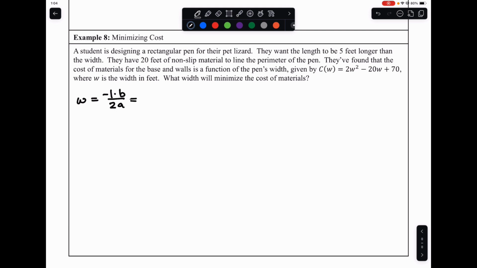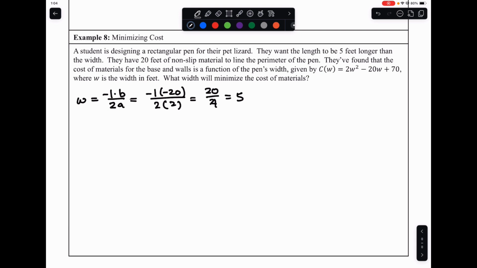That's how we're going to figure that out first. So our b value is negative 20. 2 times our a value is 2. We're going to get 20 divided by 4, which is equal to 5. So the width of this rectangular shape has to be 5. Okay, so we want this to be a width of 5.